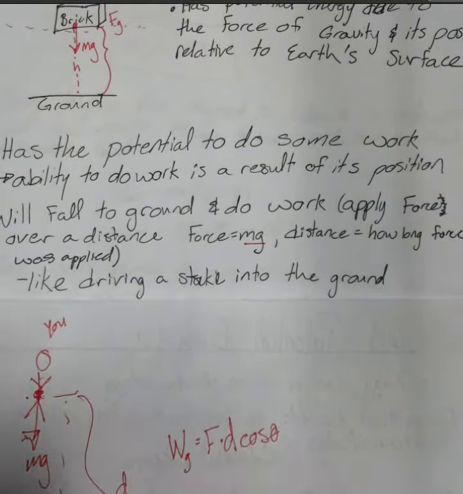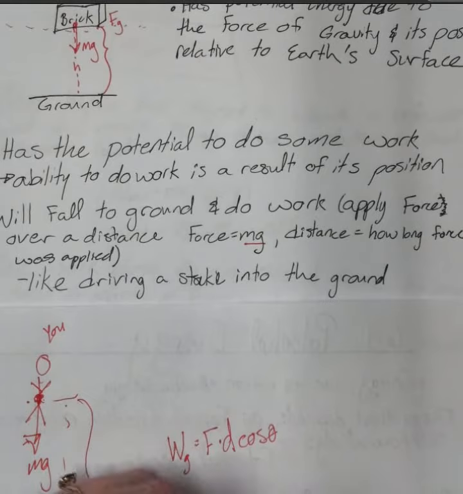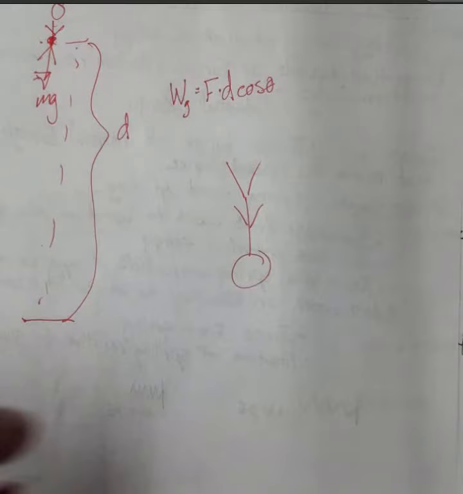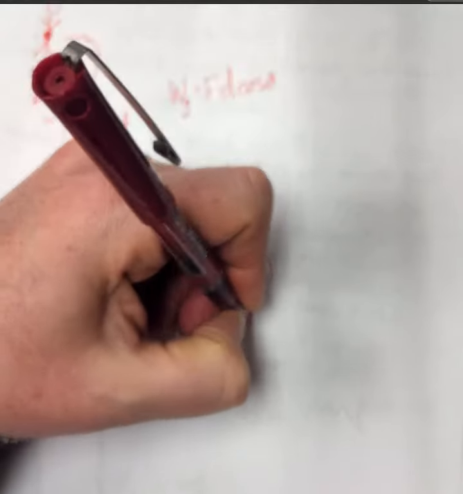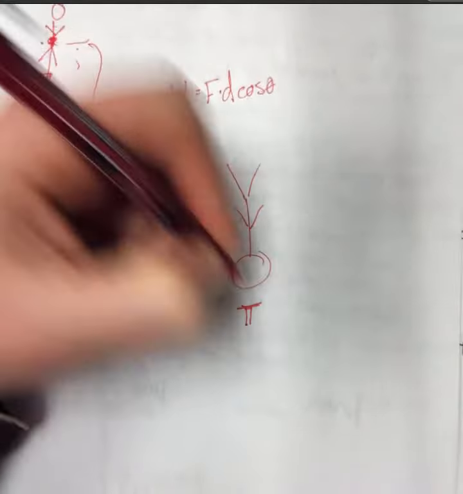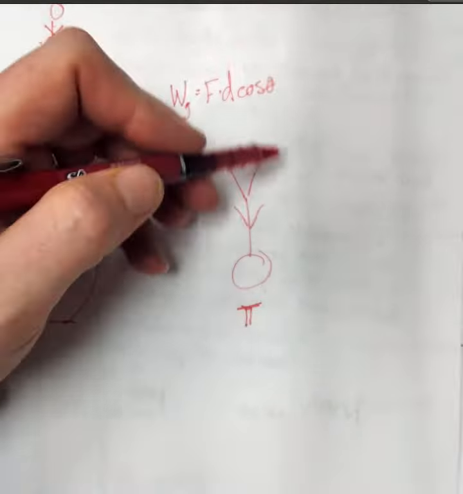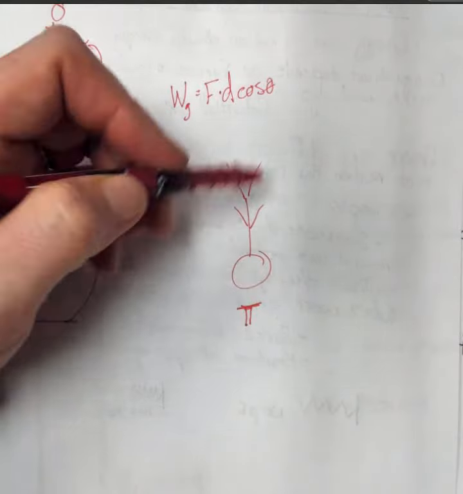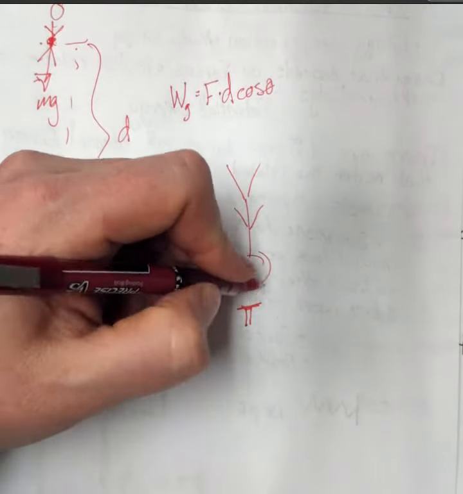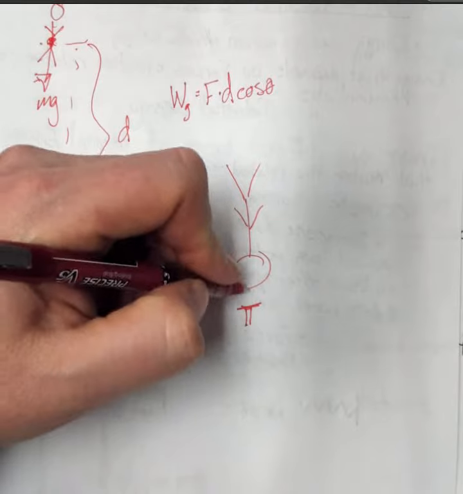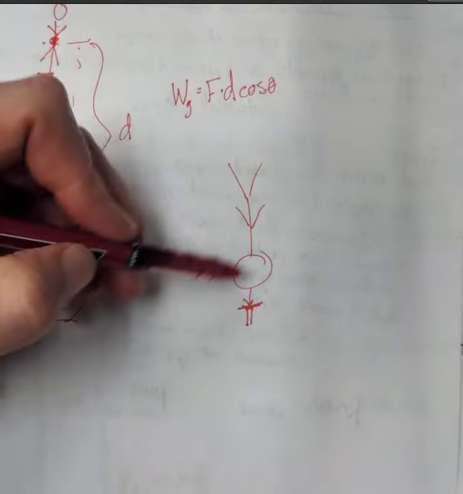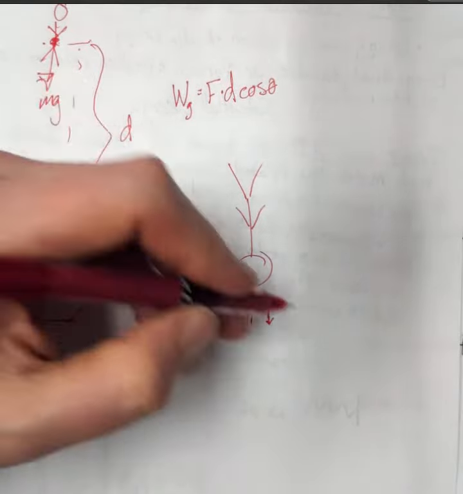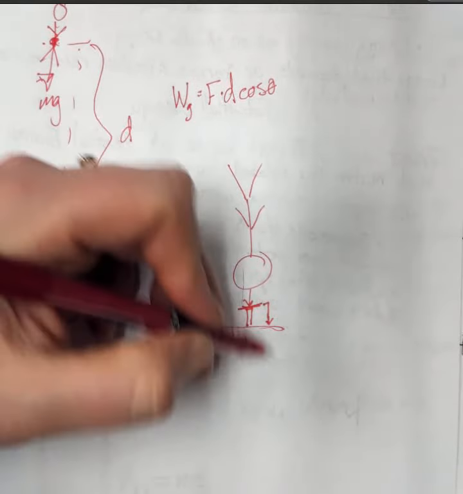Likewise, if here you are, and you're a falling object, and here we'll say there's some stake or something in the ground. Right, here you are falling down, and whatever speed you have now as a result of falling, you'll fall and you'll hit this stake in the ground, and you'll apply that force, the force that you have of falling, and it will move the stake or drive the stake into the ground some distance.